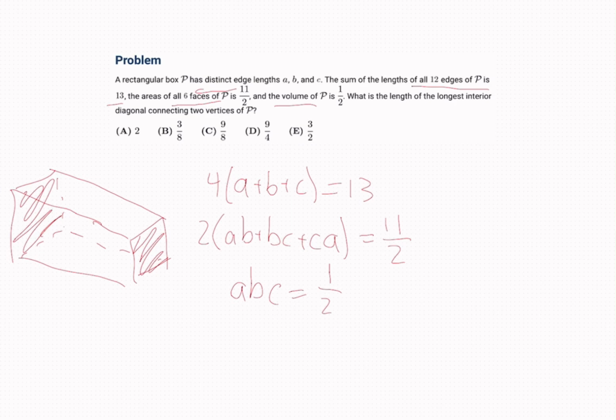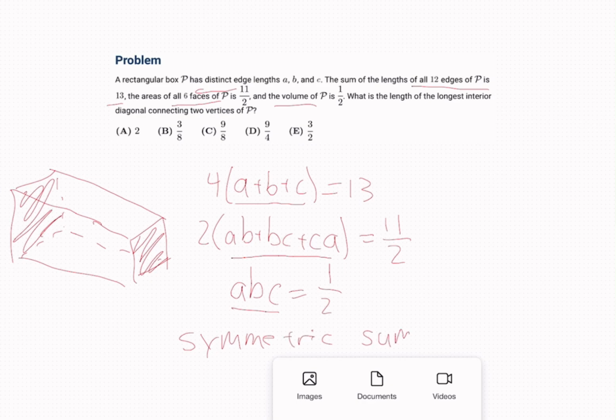Okay, now that we've reached this point, what do ABC, AB plus BC plus CA, and A plus B plus C look like? If you thought what I was thinking, and that I was hinting at, they are symmetric sums. If you've ever seen these anywhere, they are probably with the higher degrees of Vieta's. So immediately, let's jump to Vieta's.